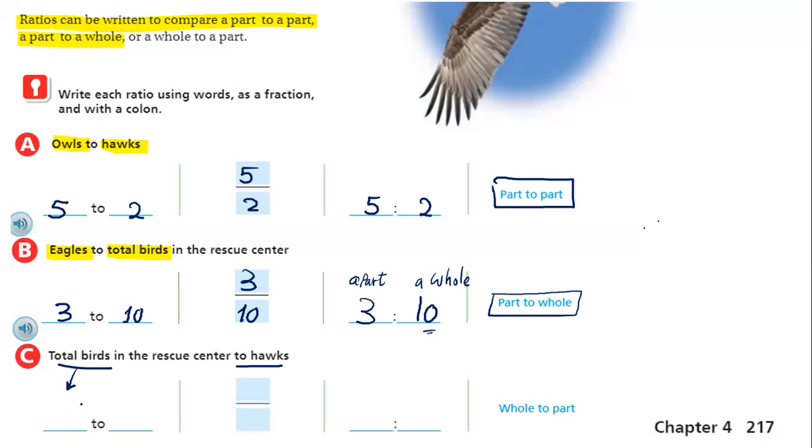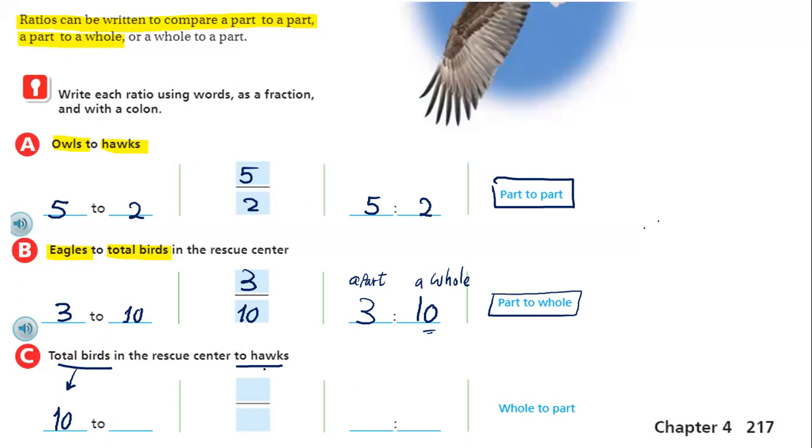What did you say? I mean all of them. I need all of them. 2, 3, and 5. Oh, 10. So the total, Abdulaziz, I'm talking about the total.